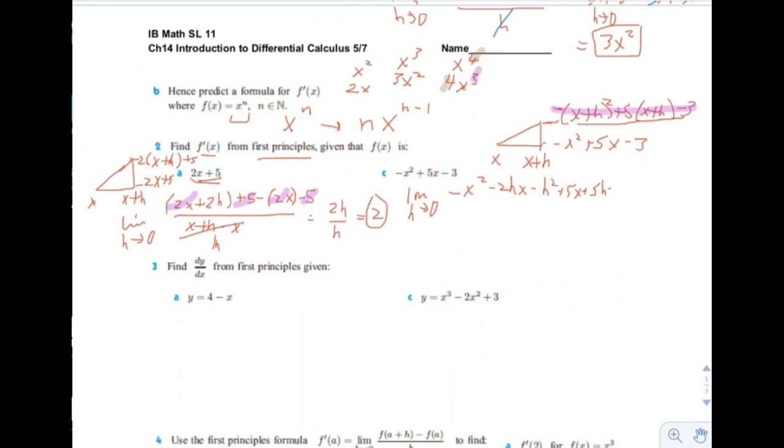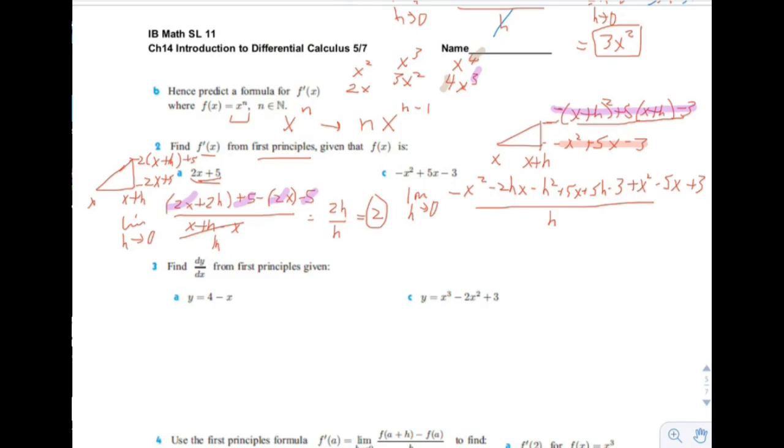And then I'm going to subtract the bottom part here in red, and I'm going to go ahead and distribute the negative sign. So it'll be positive x squared, negative 5x, and a positive 3 because I'm subtracting it, remember. And on the bottom I have x plus h minus x, which is just going to be h again.